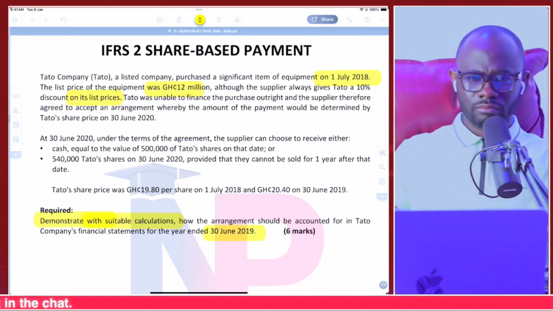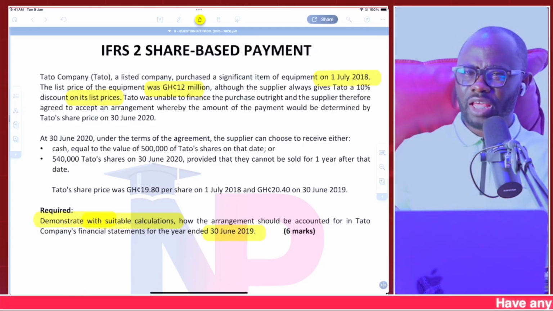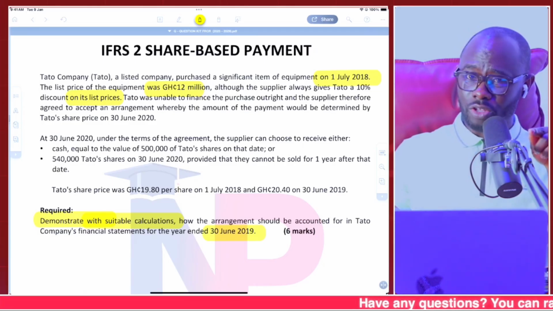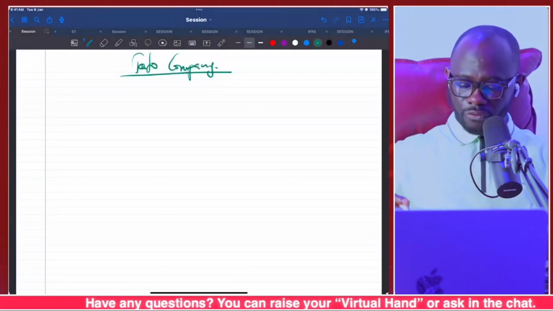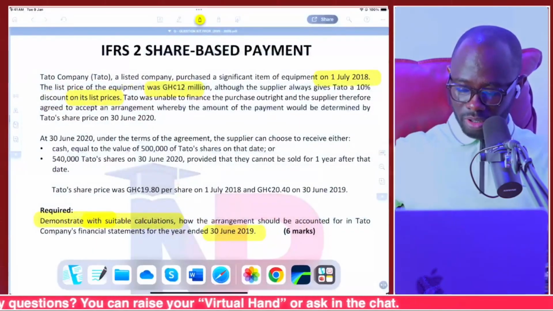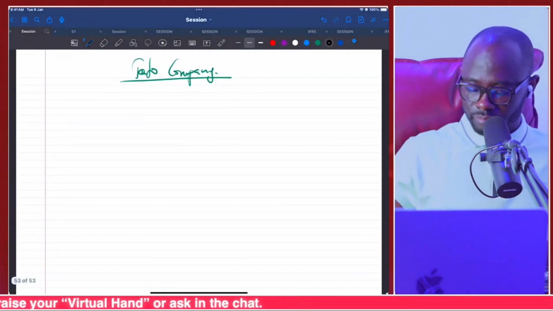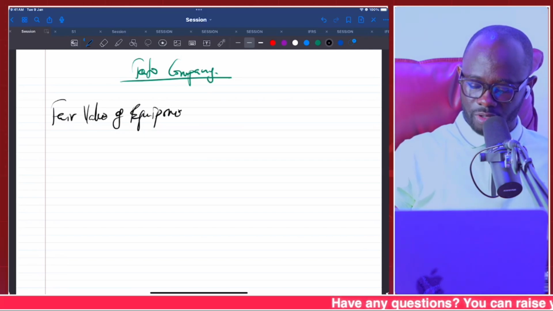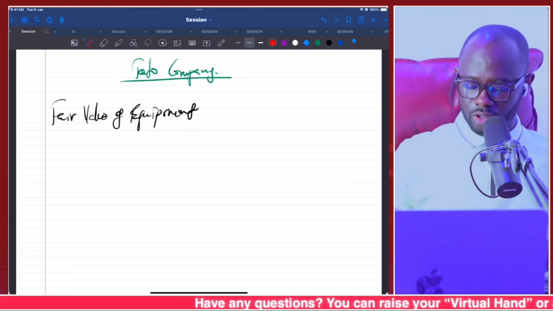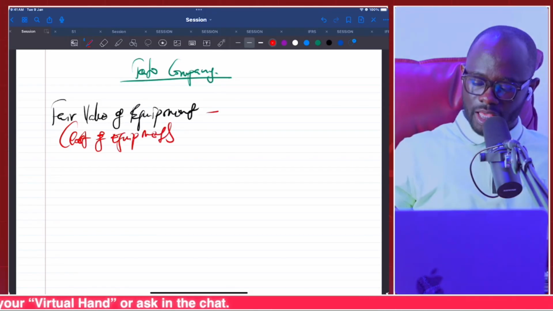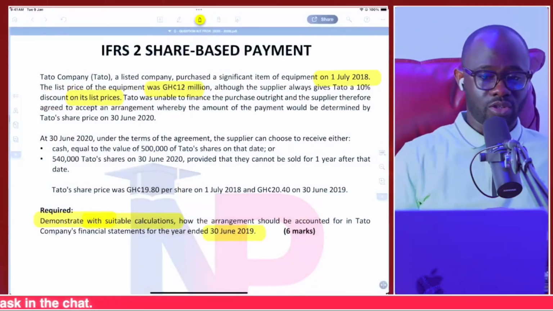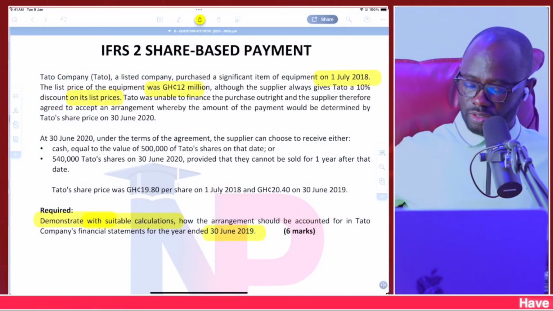Okay. So how much did we really pay? We didn't pay 12 million. We paid less than 12 million. So the fair value of the equipment that we bought, which is the same as the cost of equipment to us as a company. We got a discount of 10%, so we'll take 90% of the 12 million.